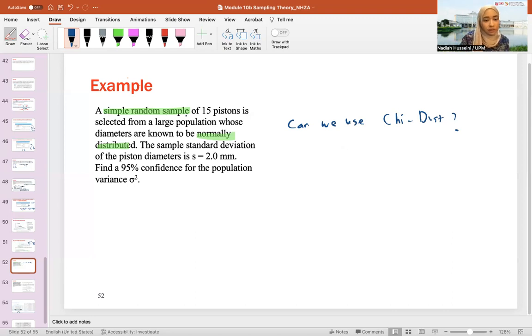So you have a simple random sample, and the population is normally distributed. What do you infer about the sample? Does it follow a normal distribution or not? Let's try to break this down. So the population is normal, okay?